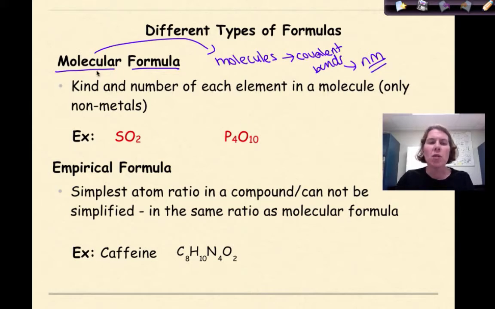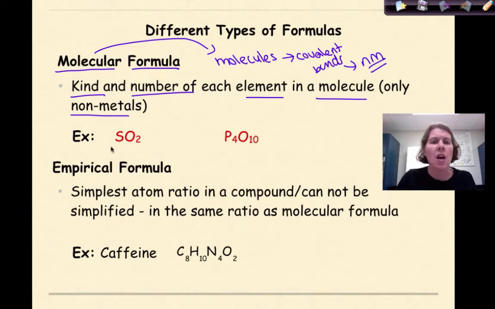So if you see the molecular formula, that's a more specific formula that applies to the kind and number of elements in a molecule. So these are molecules, and they're only going to contain non-metals. So a molecular formula specifically looks at those compounds that only have non-metals involved.